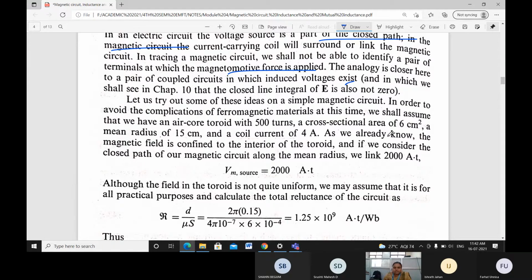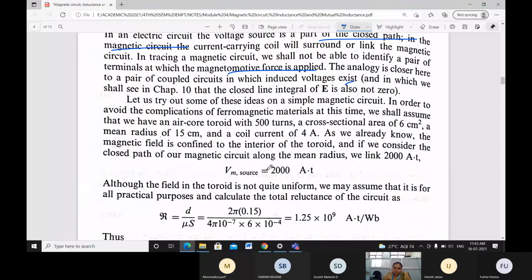Then the magnetic field is confined to the interior of the toroid, and if we consider a closed path at the mean radius, it is going to link with 2000 ampere-turns.